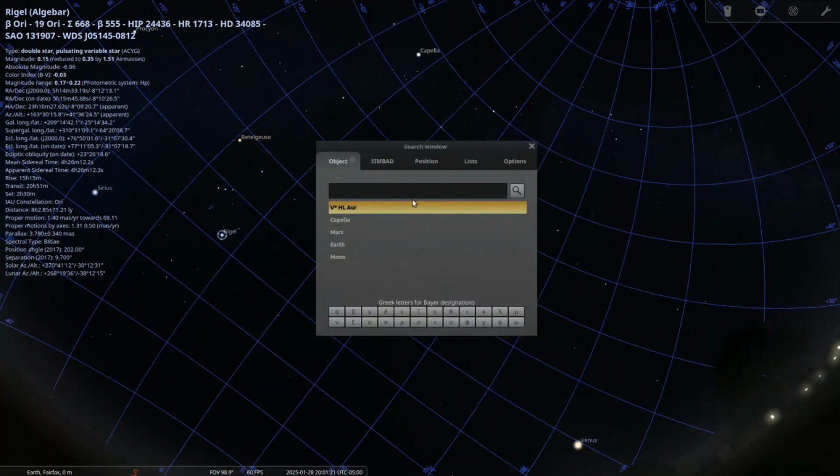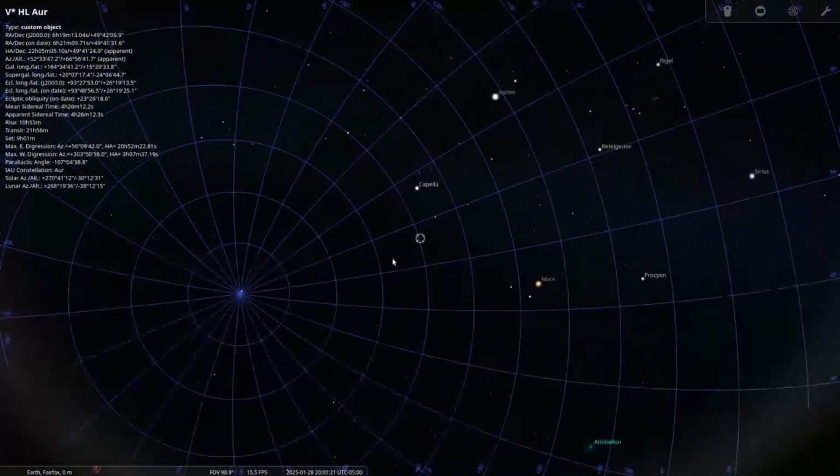Come over here, and you can see I've already searched for it, but just to be clear, I can put in HLAUR, that stands for Auriga, the constellation of Auriga. Click on that, and then boom, it shows me where it's located. The V star indicates that it is a variable star, meaning that the brightness of the star varies with time.